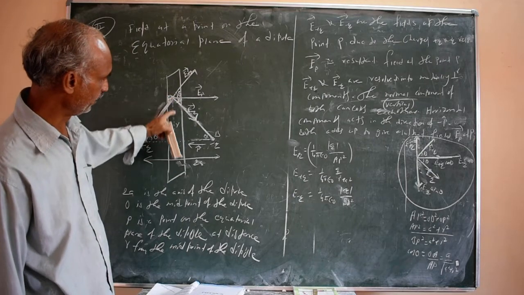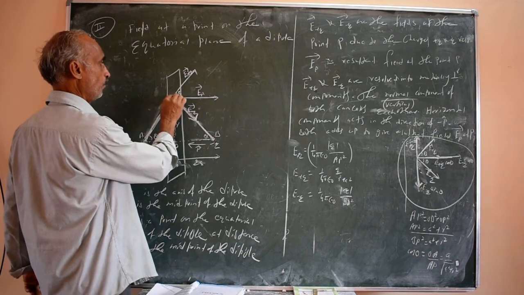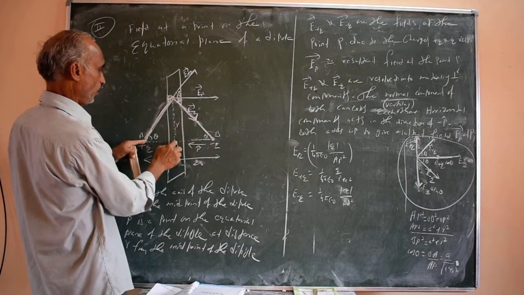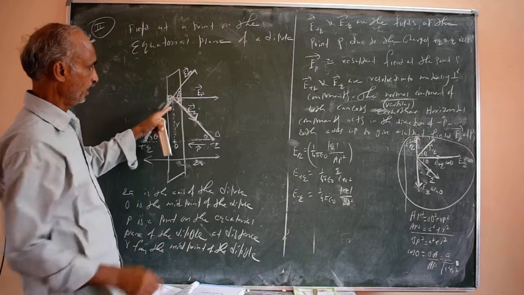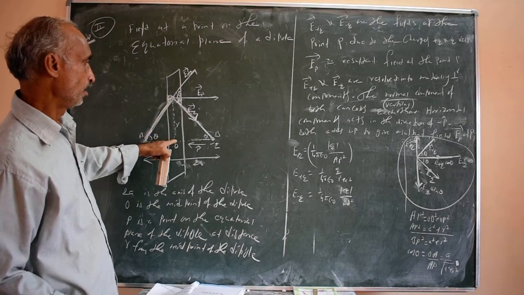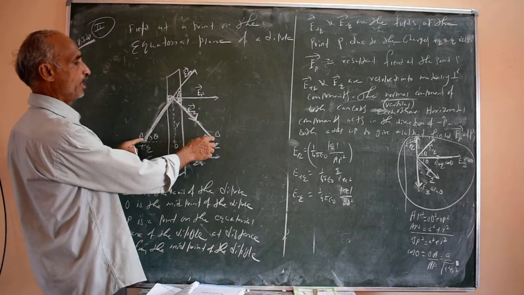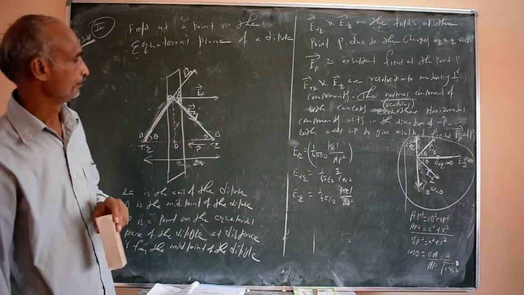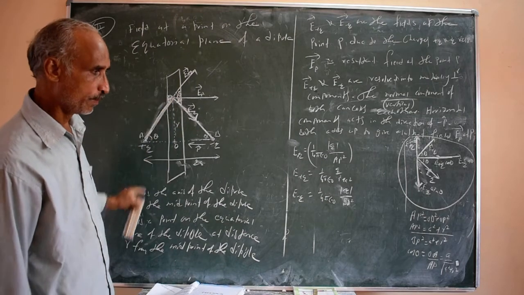Axial line, equatorial line means this is the midpoint. Therefore OA equals OB, so PO is the perpendicular bisector. Every point on the perpendicular bisector is at equal distance from the points A and B. Therefore PA is equal to PB.